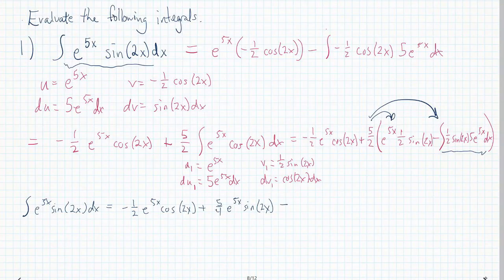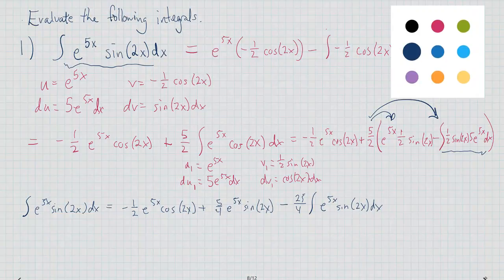So 5 halves times 5 halves, which is 25/4, times the integral. So this is e to the 5x. I'm going to write it this way. Sine of 2x dx.